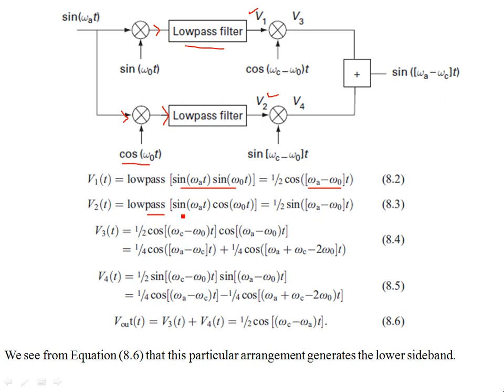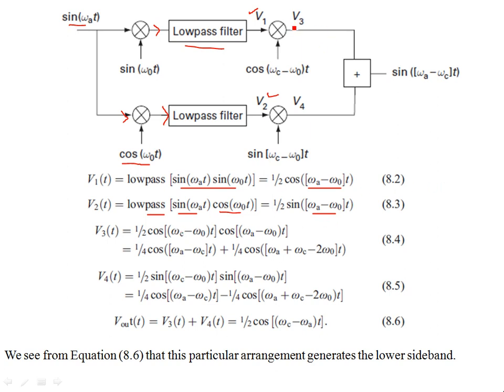So we have sine omega A t from the audio, then we have cosine omega naught t. So the lower is again the difference frequency, omega A minus omega naught. We are not going to select omega A plus omega naught. If you expand this identity, you have this omega A plus omega naught, another term that's coming up, but you're not going to select that in the low pass filter. So the low frequency is selected in these two equations.